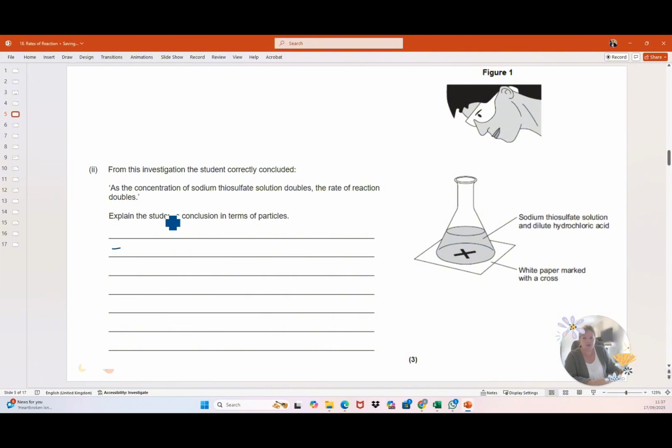So for the first mark, we want to be recognising and identifying that there are more particles in there, or if you said they're closer together, yeah, just because there are more. So we can say that there is an increase in the number of particles.